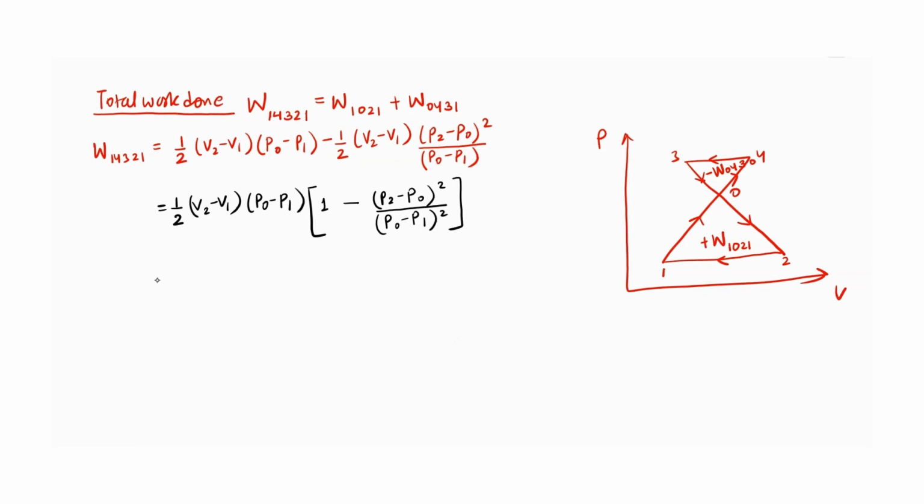Now, V2 minus V1. So from the question, okay? V2 minus V1 is 10 liters. So we have this. And we know 1 liter equals 0.001 meter cube. So I'm writing, okay? 10 times 0.001.